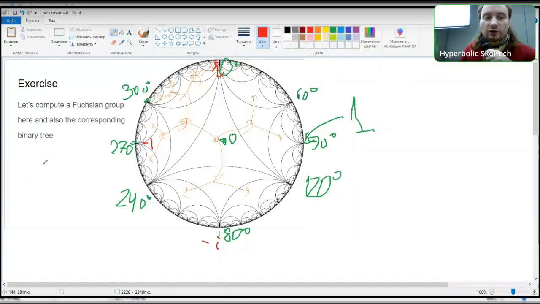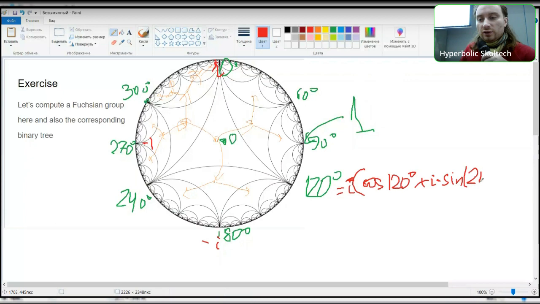So what is the transformation here? This is just i multiplied by cosine of 120 degrees minus i multiplied by sine of 120 degrees. Of course, minus, since we are rotating counterclockwise. Do you understand what I just did?